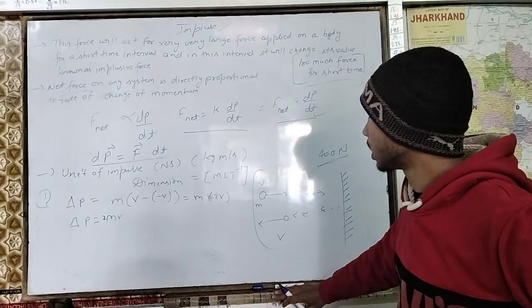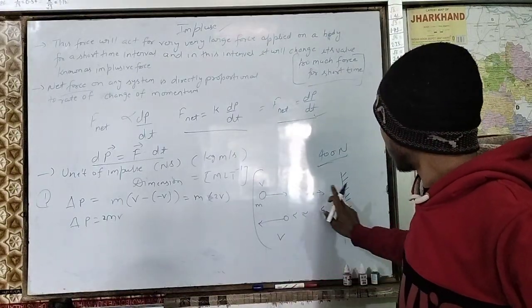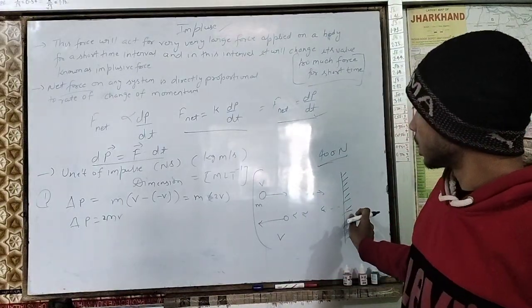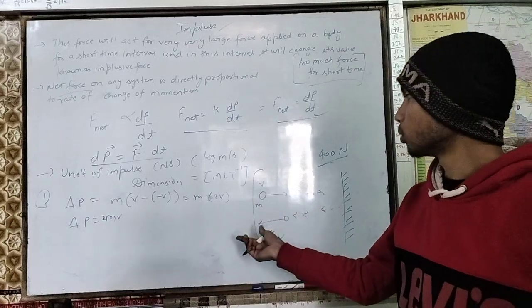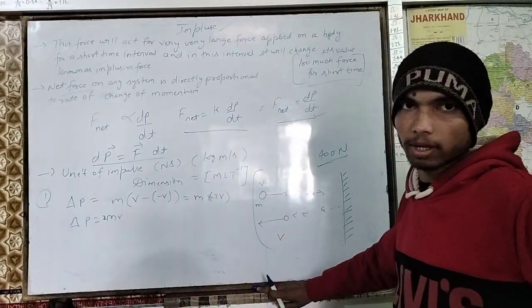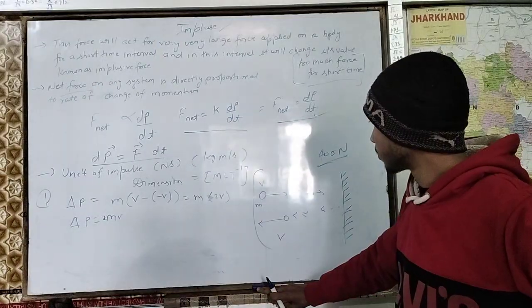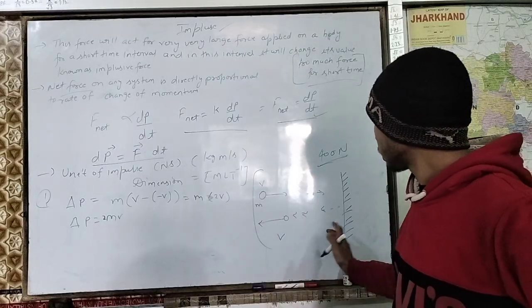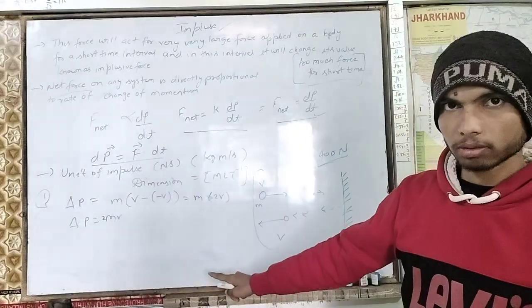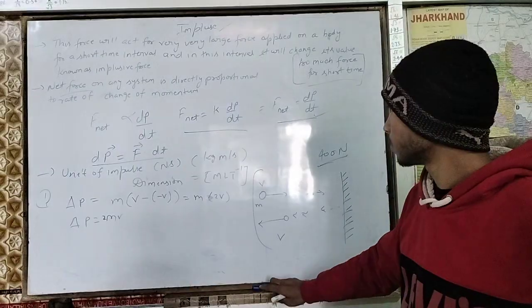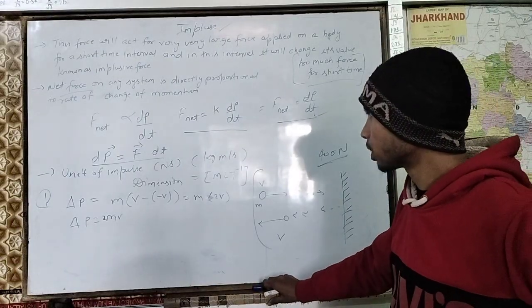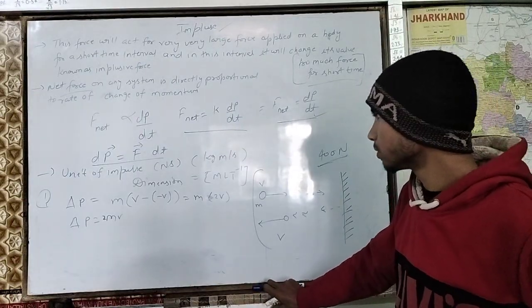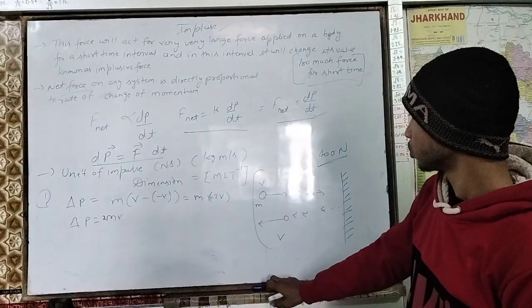After collision on this ball, it again came into motion with some velocity, and the mass of the object was the same. So it came in the same direction. Velocity was not equal to 0.